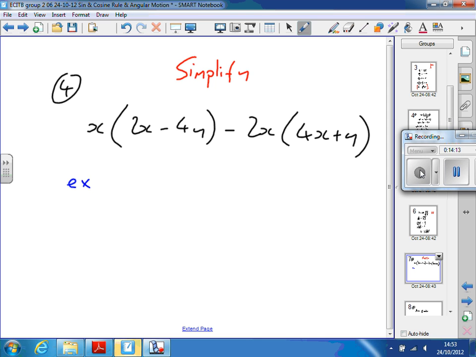Basically what I'm asking you to do here is to expand those brackets and then collect like terms. So when you're asked to simplify something, that's generally what you do. So I'm going to multiply out those brackets to try and collect together things that are the same, like terms.